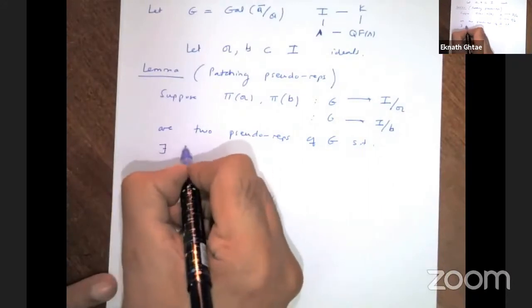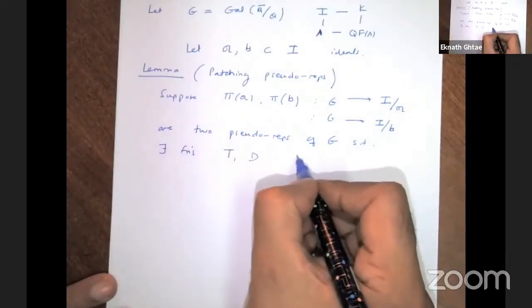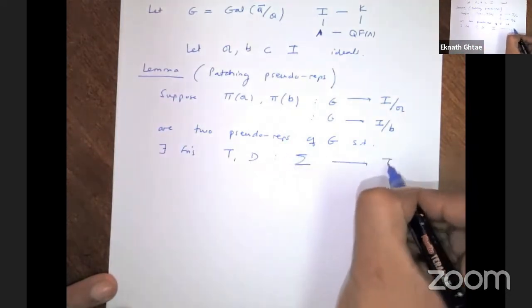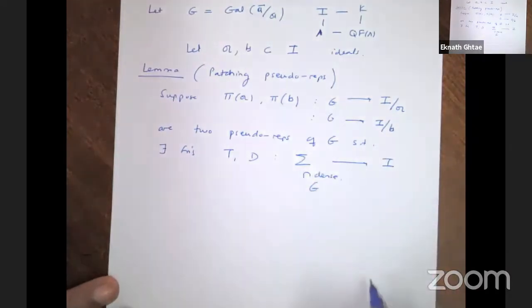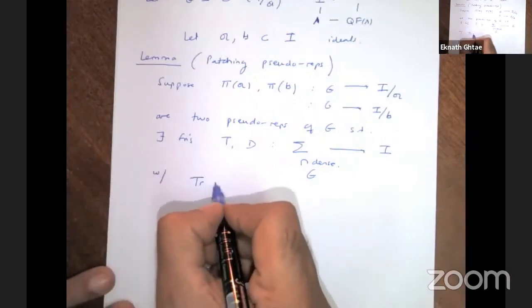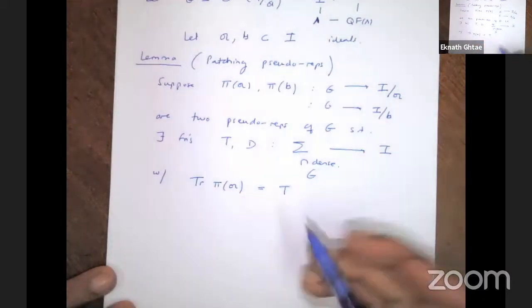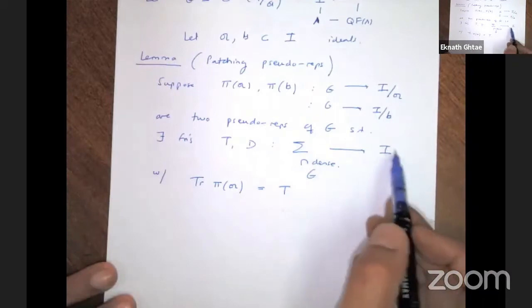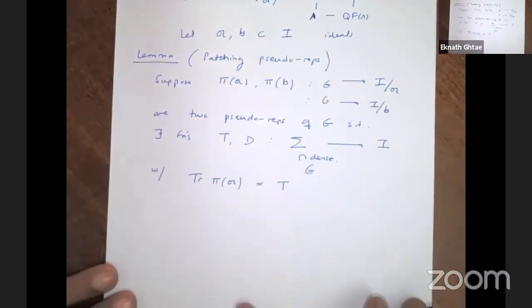there exist functions T and D on a dense subset of G with the property that T is I valued. I mod A will also be characteristic 0 because A's will be height 1 primes.